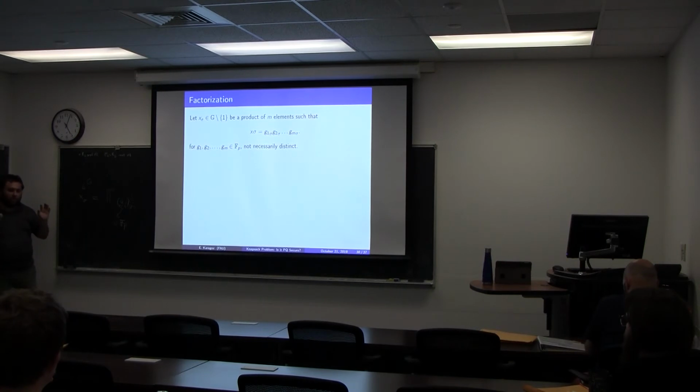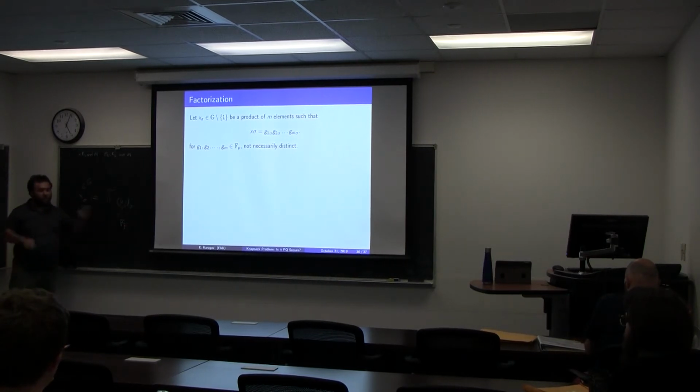So we want to decompose this G element, which is actually an F_q squared element, but which we can represent by F_q, into some factors which can be represented by F_p elements.